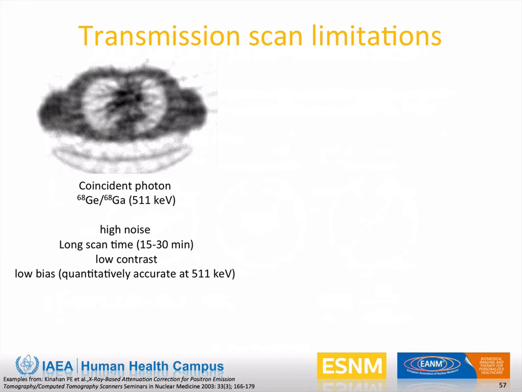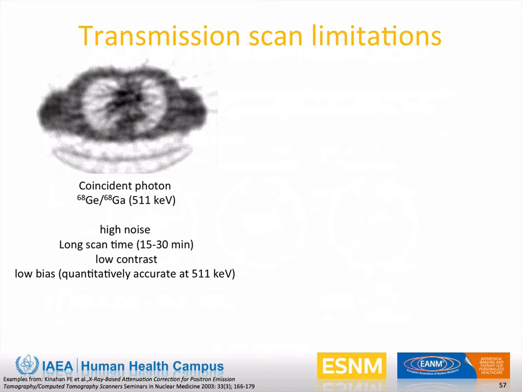In addition, since a post-injection transmission scan is more desirable in clinical settings because it increases patient comfort and scanner throughput, the transmission scan acquired after the injection of the PET tracer would suffer from contamination by 511 keV photons emitted from the patient tracer, resulting in a reduced image contrast.